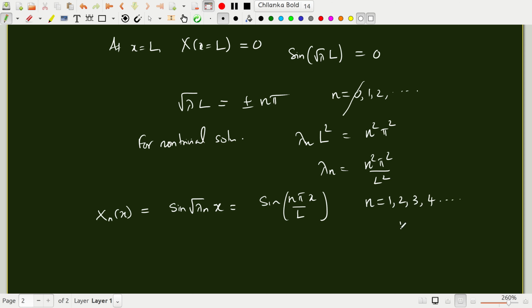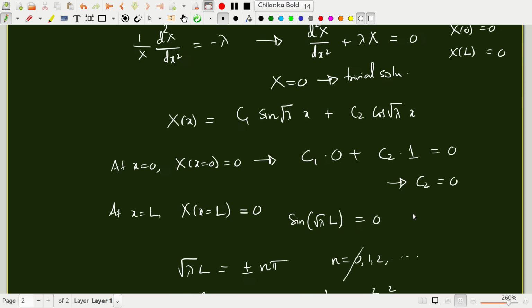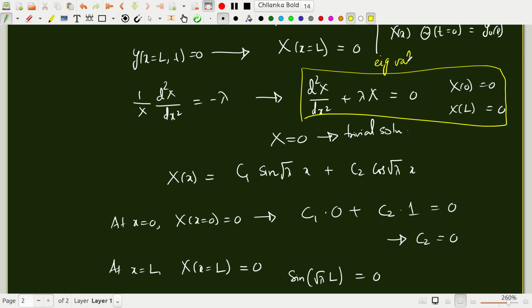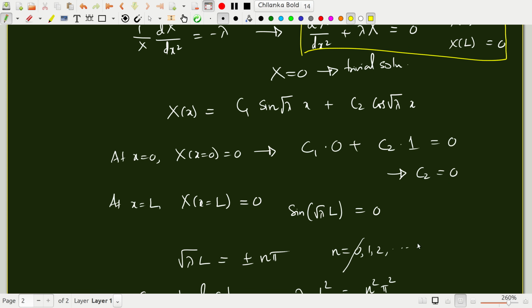There is no need to have negative values, because the eigenfunctions that you get are basically a negative of what we have already included. Now what we have solved in this separation of variable problem, sort of inadvertently, so to speak, is an eigenvalue problem, a differential eigenvalue problem, and these are the eigenvalues, lambda n.